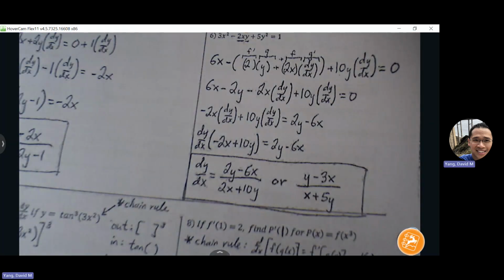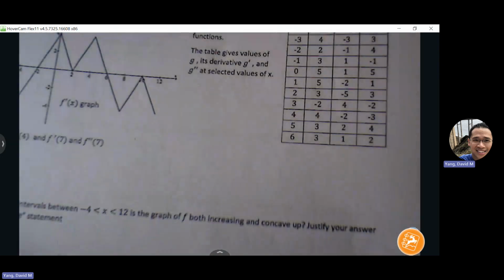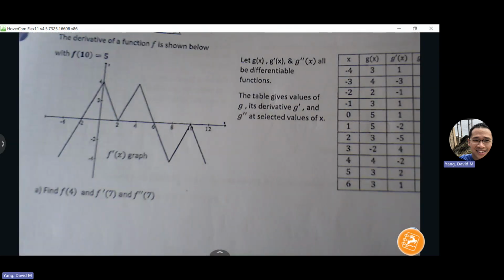Okay, so for packet 1, let's look at page 21. It says worksheet 4 at the top.